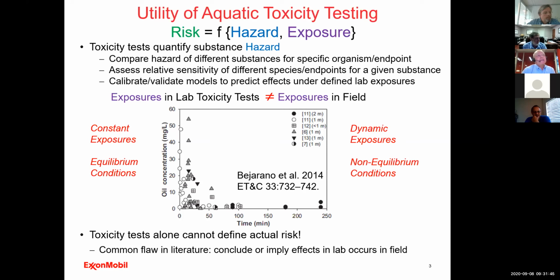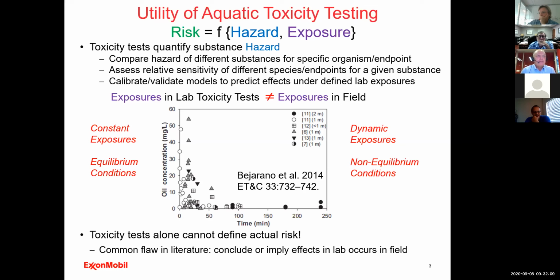A second reason might be to assess the relative sensitivity of different species or life stages or endpoints for a given substance. So are mysid shrimp more sensitive than fathead minnow when exposed to oil A, again, under a well-defined set of laboratory exposures?